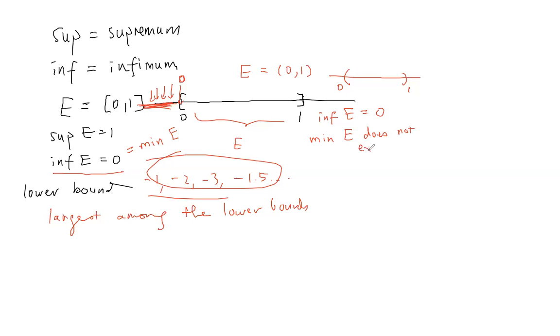For the same reason that I explained just now for the sup and the max, because 0 here is not in the set. It's not a minimum because you can always find some value that is arbitrarily close to 0, since 0 is not inside this interval.